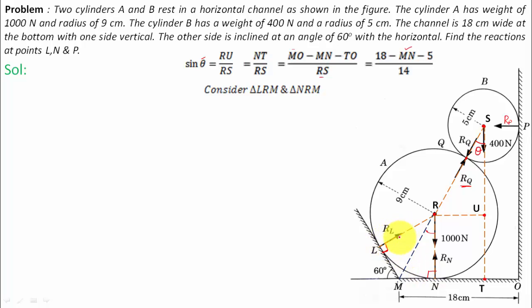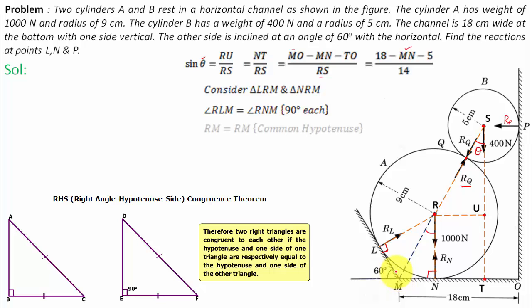Now let us begin. Angle RLM is equal to angle RNM. Why? Because 90 degrees each. Secondly, the hypotenuse, which is common to both the triangles: RM is equal to RM, common hypotenuse. Thirdly, one side: RL is equal to RN, because both of them are radii, and the radius is equal to 9 centimeters.